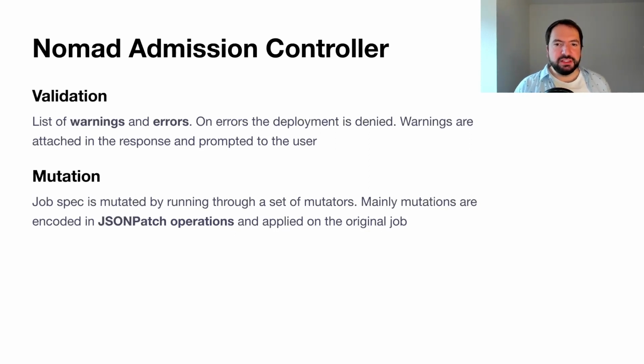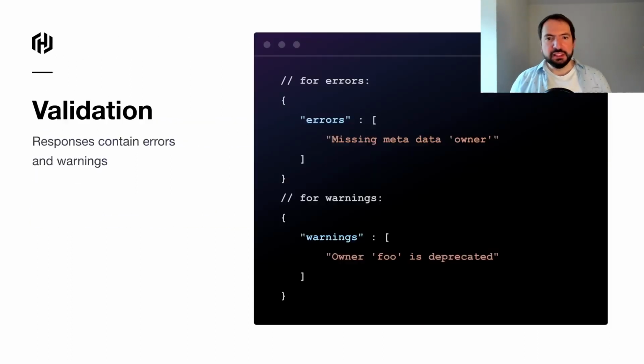For the mutation part, we mainly rely now on JSON patch operations, which are then taken to modify the originally submitted job. So how to look at it more from a code perspective? You either get back a list of errors from your processing part, from your validators, or a set of warnings.